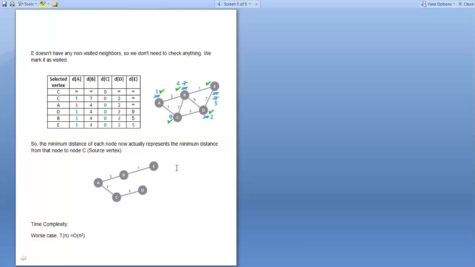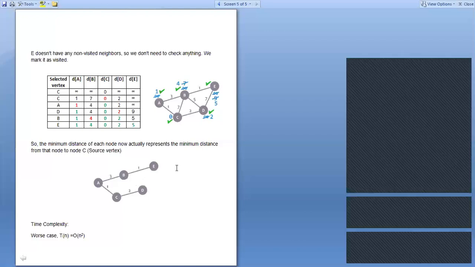Now, what is the time complexity? If you analyze the Dijkstra algorithm, how much time does it take? In the worst case, it takes order of n squared. How? If there are n vertices, in the worst case each vertex relaxes the other n minus 1 vertices. So the total number of relaxations for n vertices will be n times n minus 1.